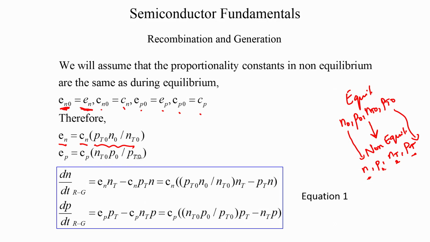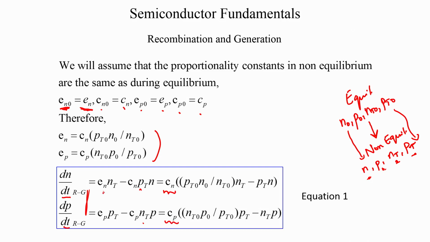Now, if we take advantage of this assumption, the differential equations that we had for electron and hole change through RG mechanisms are now given by these two terms, which is now simplified by writing everything in terms of the capture rates.